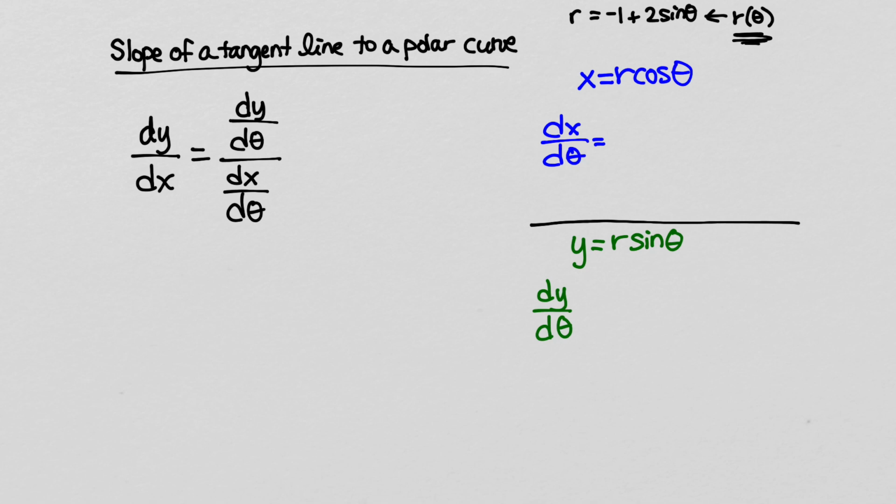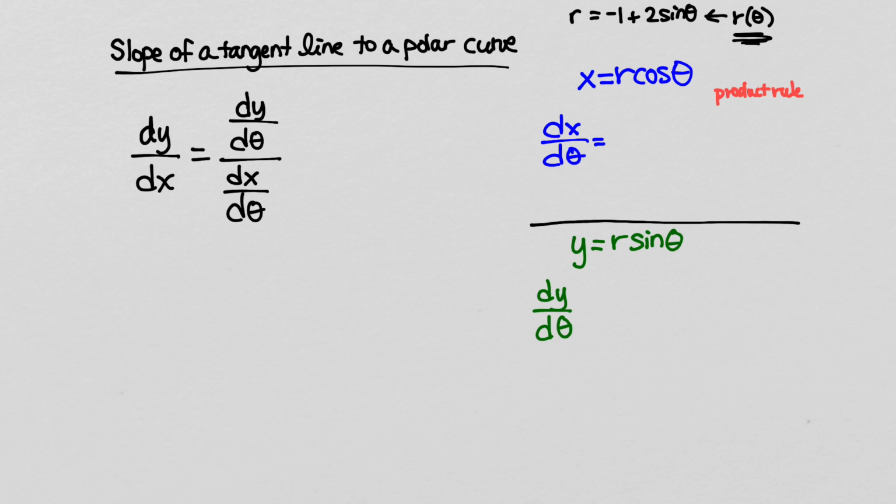So I have to apply the product rule, because r is a function of theta and cosine is a function of theta.